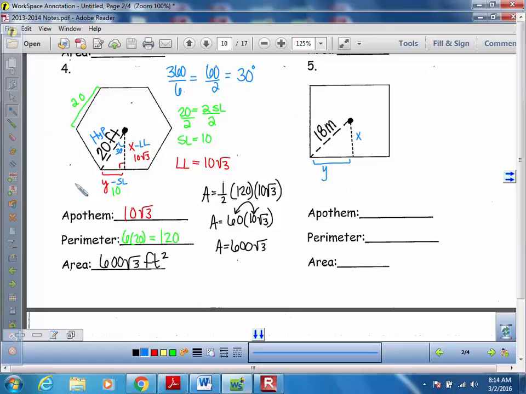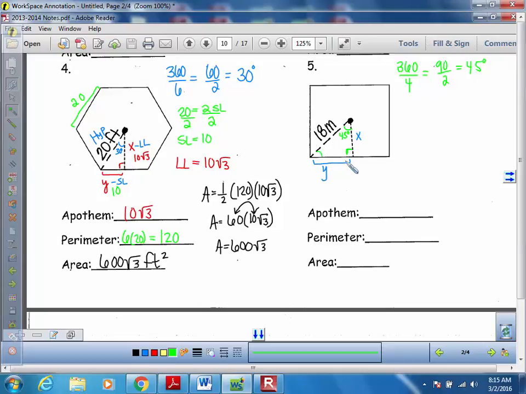The first thing that I need to do is I need to take the number of sides and divide 360 by that. So I'm going to do 360 divided by our 4 sides. And that's going to give me 90. Then I have to divide that by 2 to get this angle right here inside. So if this is 90 and this is 45, it means this is also 45.